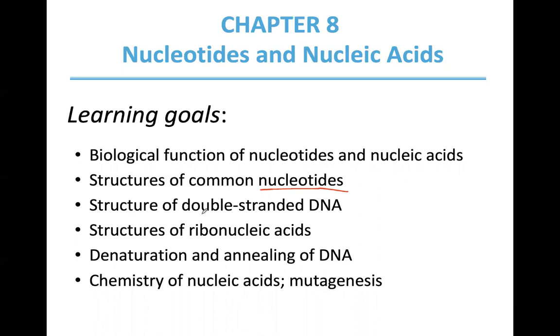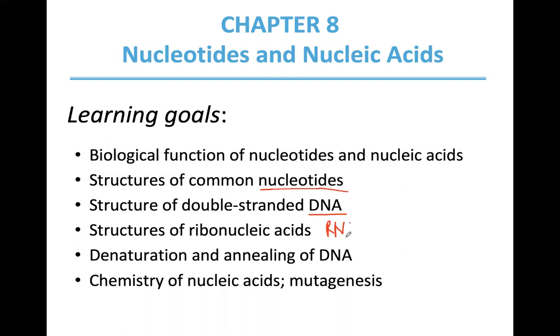And specifically, we'll talk about DNA, deoxyribonucleic acid, right? And we'll talk about how the DNA forms, how the nucleotides form base pairs, and specifically double-stranded DNA. We'll talk about ribonucleic acids, RNA as well, right?